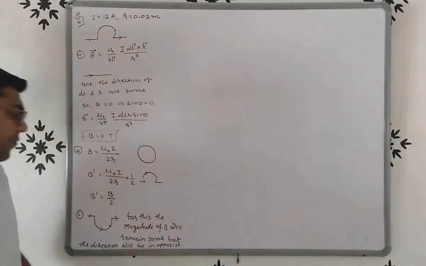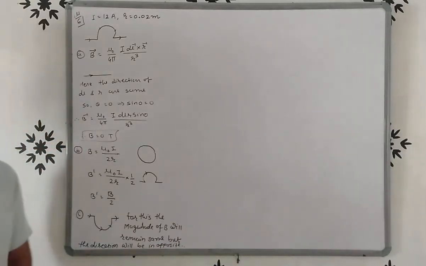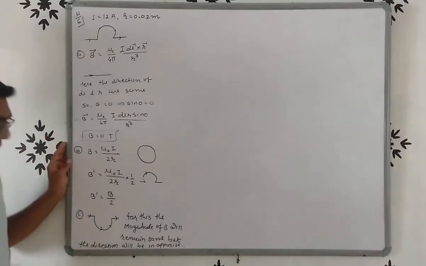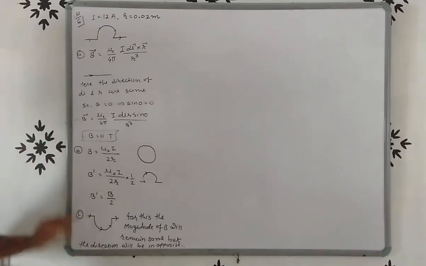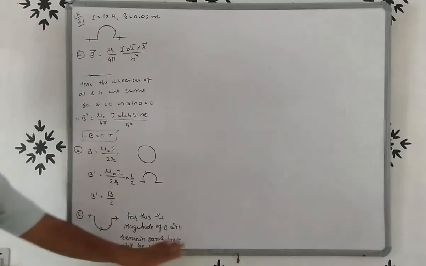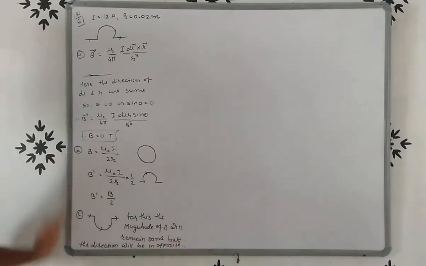So if the wire is bent like this as shown in this figure, the magnitude of magnetic field will remain same, but the direction will be opposite.